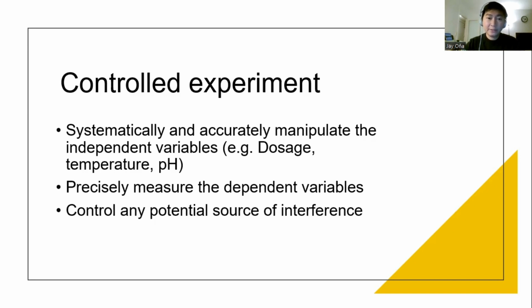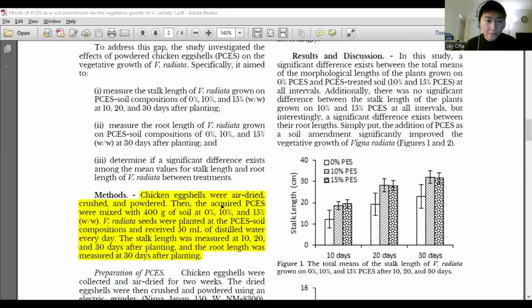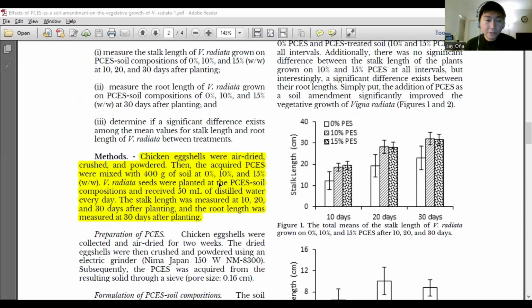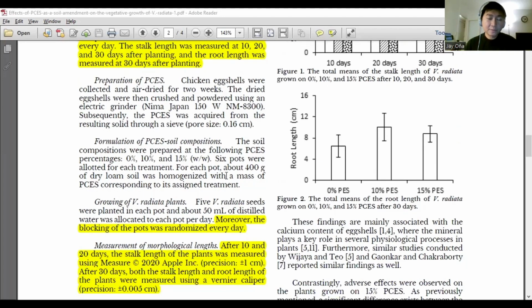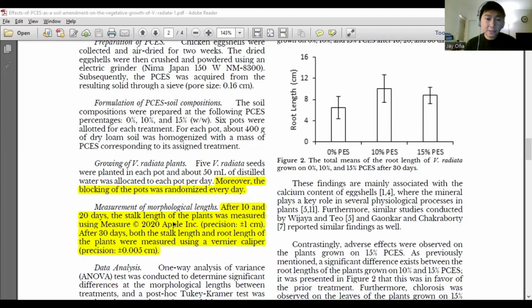And we will see in the example how they went about that. So here, they said that this is the treatment, so different formulations of the soil, and this is how they measured the stalk lengths and root lengths by this app.